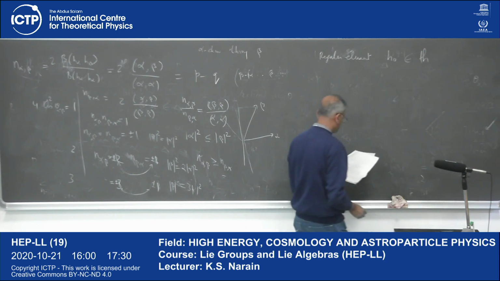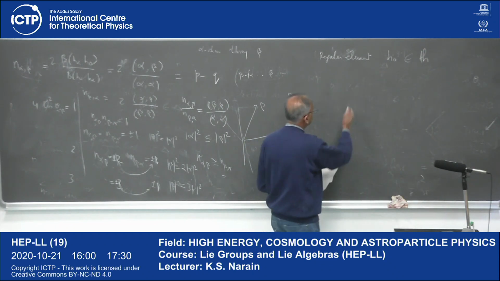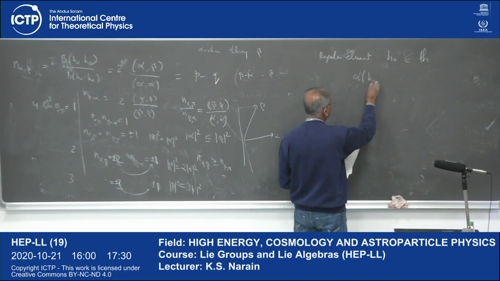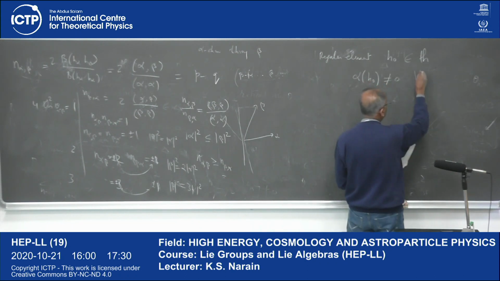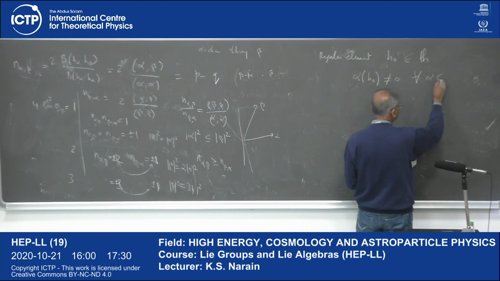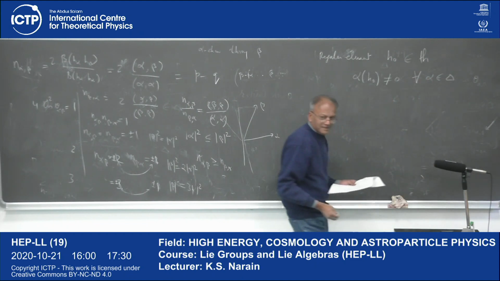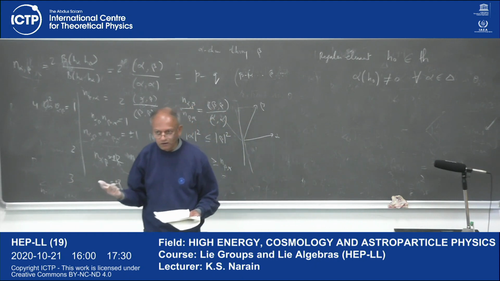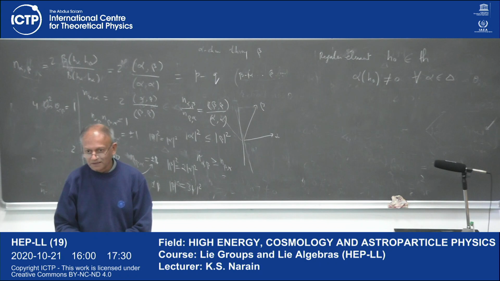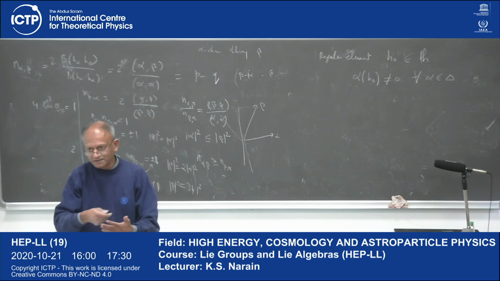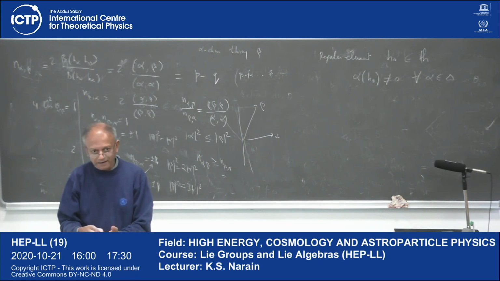in the Cartan subalgebra, such that alpha of H naught is not equal to 0 for all alpha belonging to the roots. This is the same definition as the one before, because there we said a minimal number of 0 eigenvalues. Of course, the Cartan subalgebra itself is going to commute with any other Cartan element. So the minimum will be the rank.